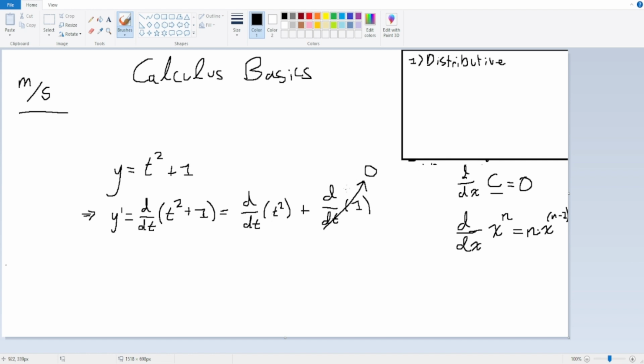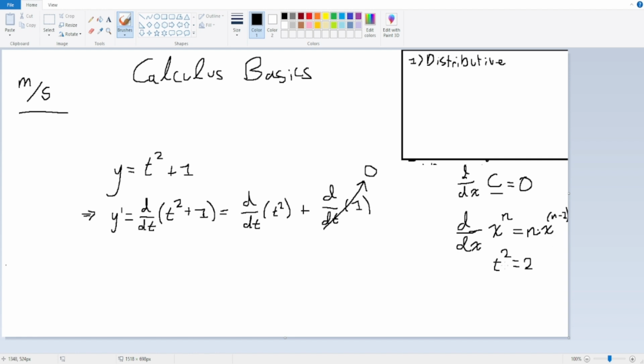So let's think of what that means for t squared. First thing we look at is that t is in respect to t, and so this derivative does apply. Now we have t squared, and let's look at our x to the n. So this 2 is where the n is, right? So 2 is n, so let's put our 2 here.